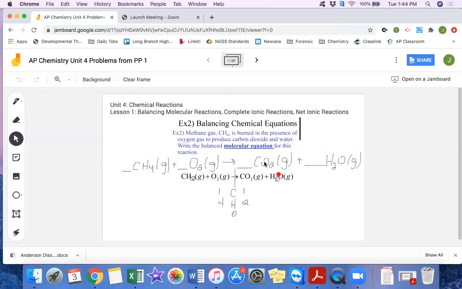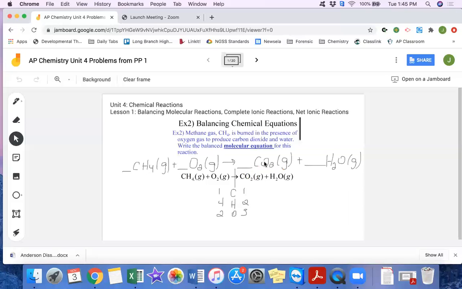Last, we count our oxygens. On the left side, we have 2 oxygen, and on the right side, we have 2 here, but we also have this one over there. So 2 plus 1 gives us 3. All we did was count how many atoms of each element are in the original equation. Now we know this equation isn't balanced because we don't have the same number of carbon, hydrogen, and oxygen on each side of the arrow.